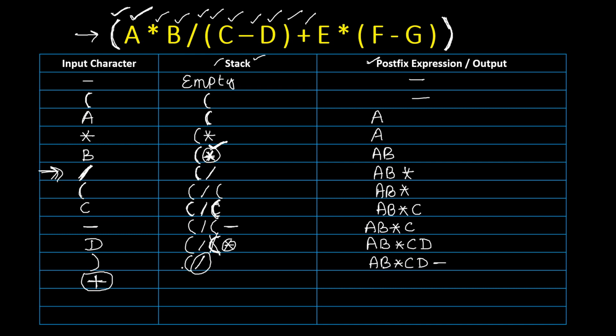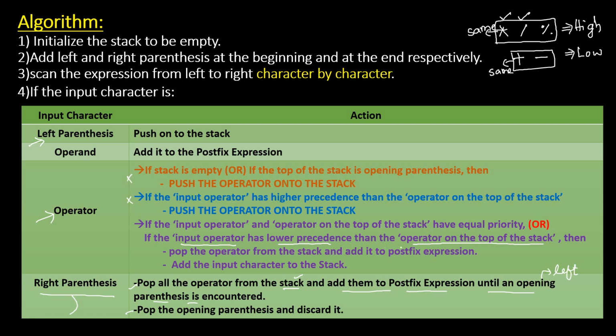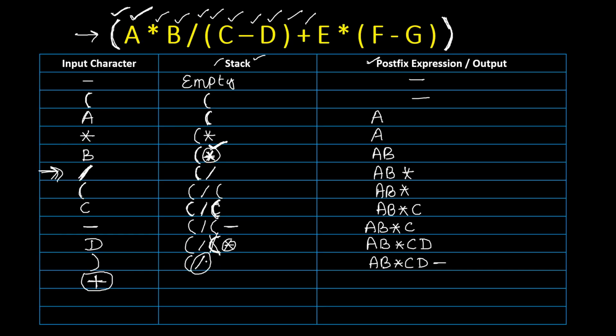And what is the operator on top of the stack? That is division. So yes, our input operator precedence is less than the division precedence. As I told you, multiplication, division and modulus have higher precedence when compared to plus and minus.